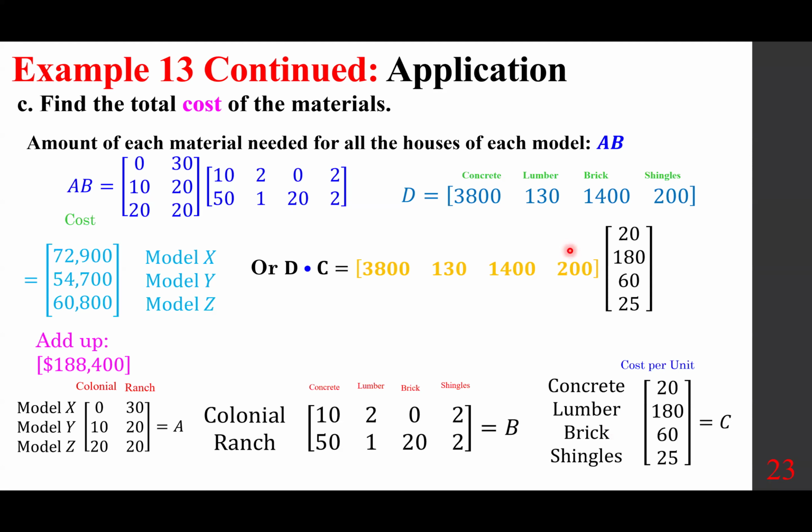Which means 3,800 times 20 plus 130 times 180 plus 1,400 times 60 plus 200 times 25. And if you put them together, you get the same answer. So 2 ways: add up those that are found in the very first part, or multiply D by C, and you have the answer.